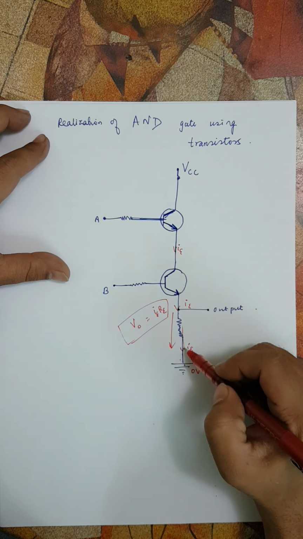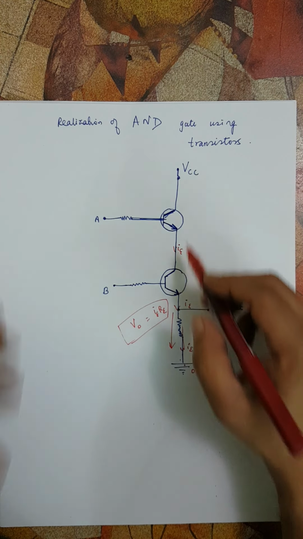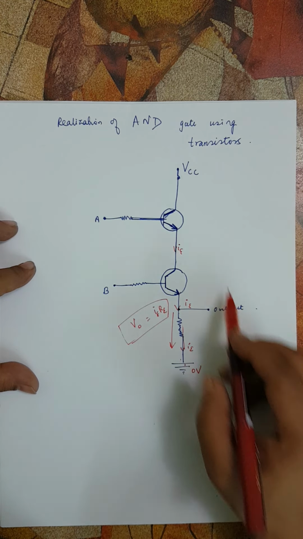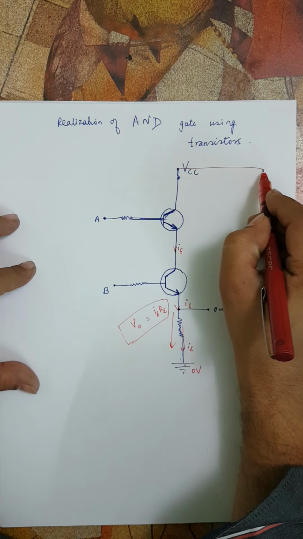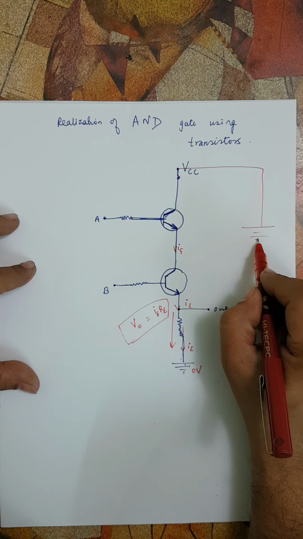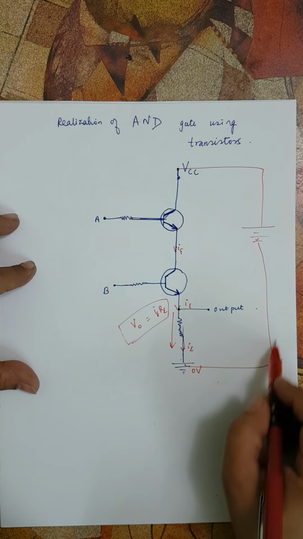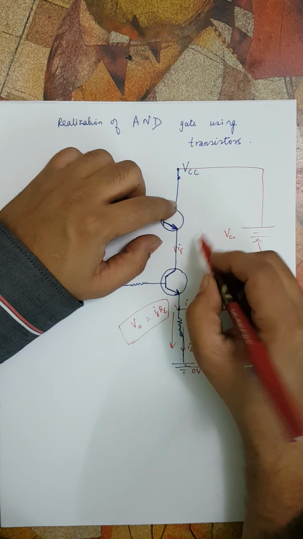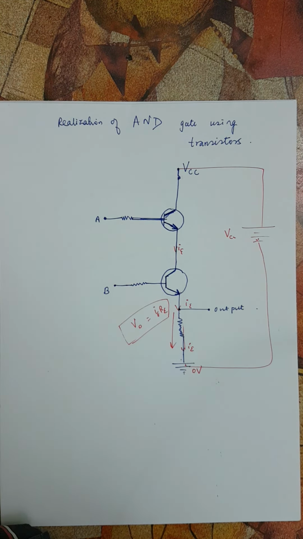Because both are in series, the current will flow like this, from this VCC here like this. See, for the current to flow, what we require is a circuit like this, isn't it? When there is a VCC, we know that there is a battery applied between these 2 points, and this battery is sufficiently reverse biasing the collector base PN junctions of both of these transistors.